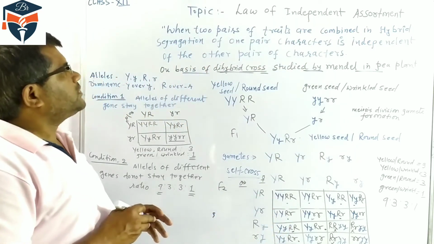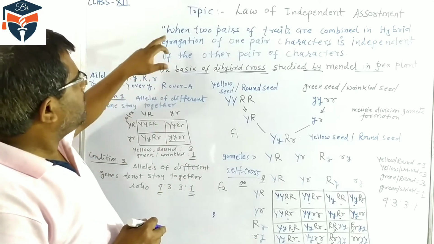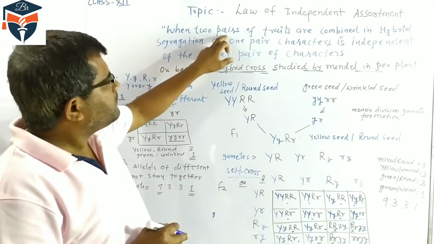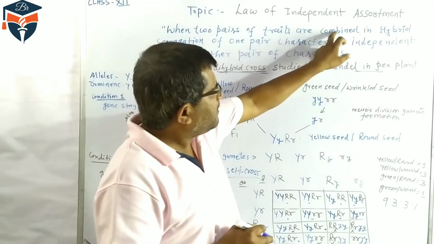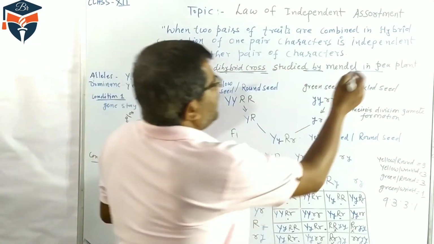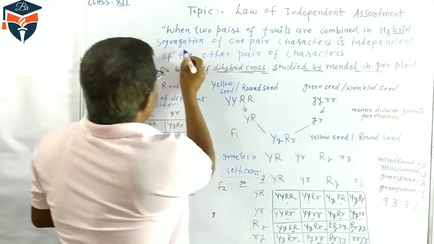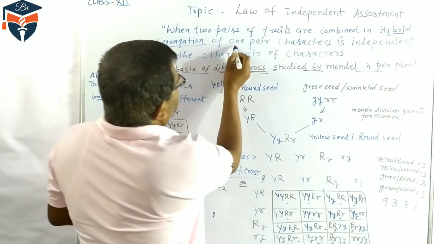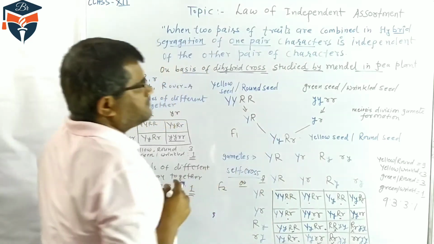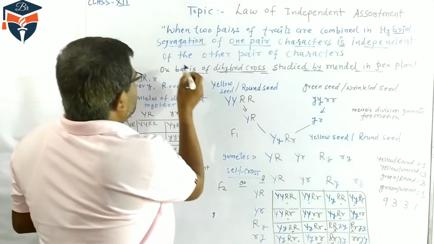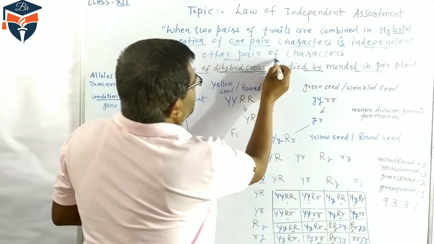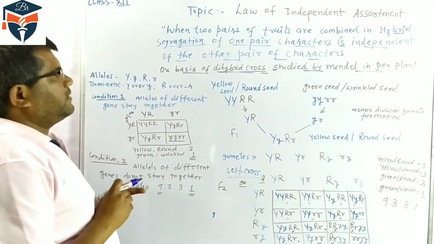So according to this law, what is the law? When two pairs of traits are crossed or combined in a hybrid, segregation of one pair of characters is independent of the other pair of characters.